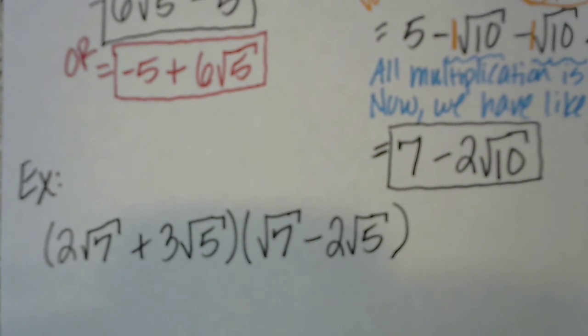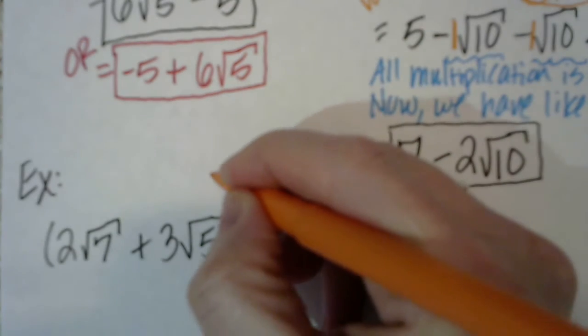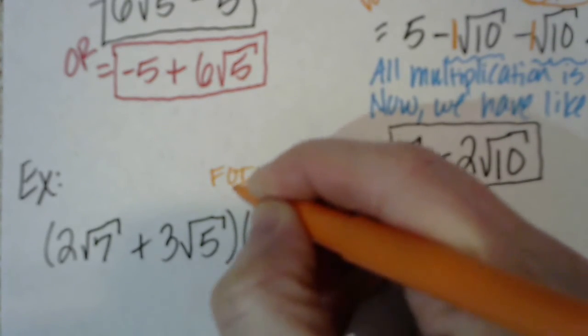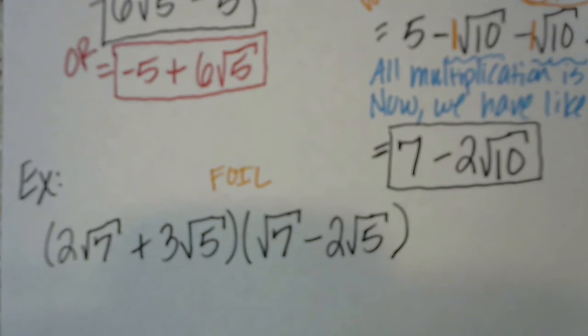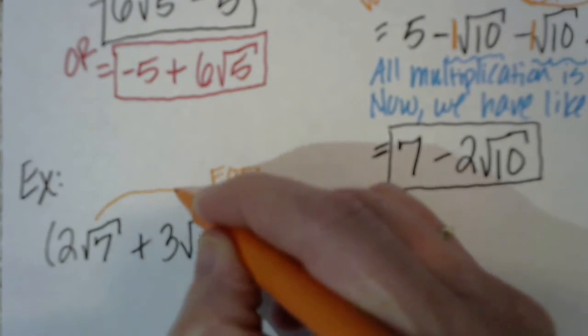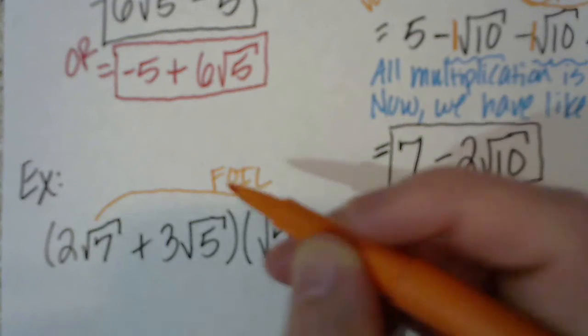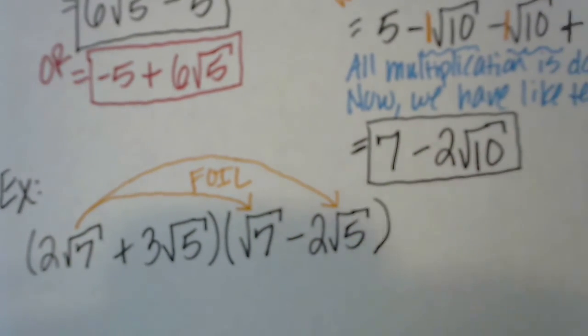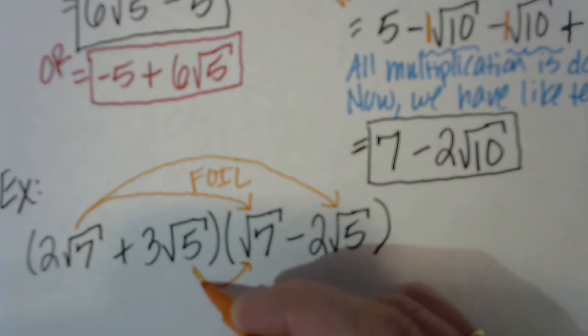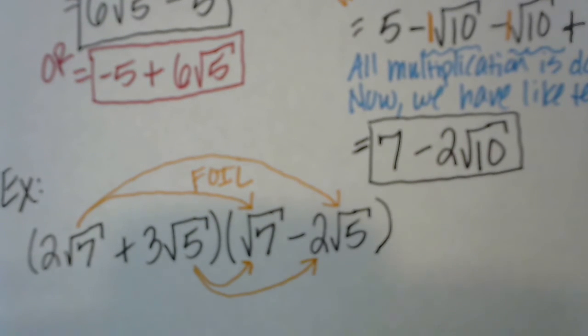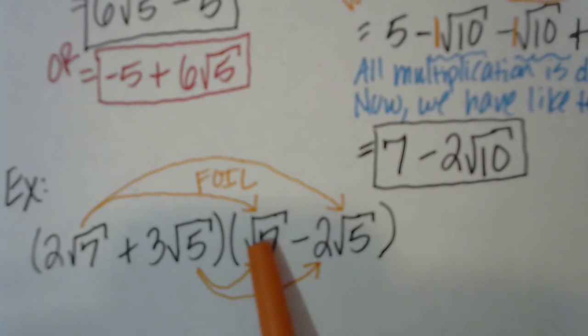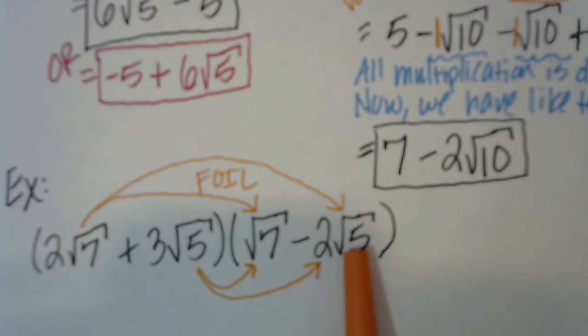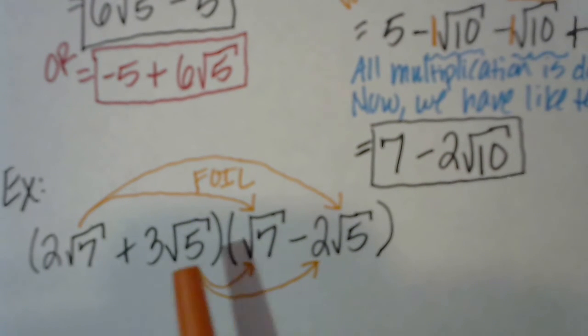So this is definitely another FOIL example. So we're going to have to distribute first times first, and then the outside, and then the inner and the last. Okay, so first times first, outside times outside, inside, inside, last, last.